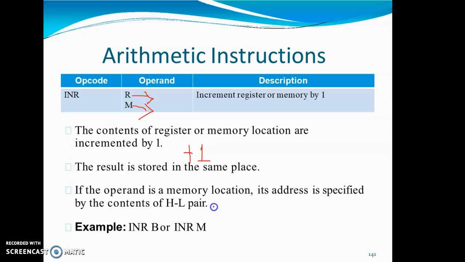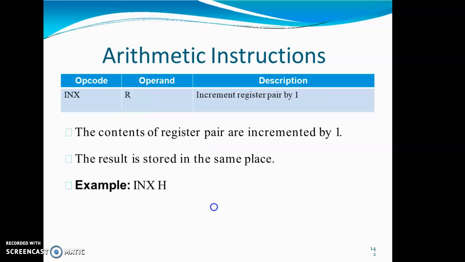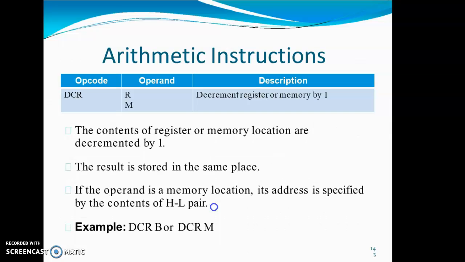INR B is for the register and INR M is for the particular memory location. If a memory location is used, its address is specified by the contents of the HL pair, so we have to store it in HL. INX increments by 1 and the result is stored in the same pair.